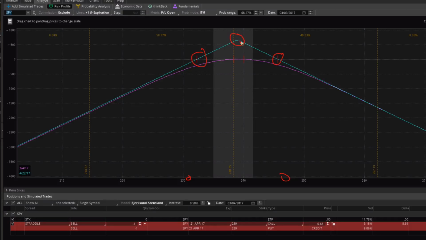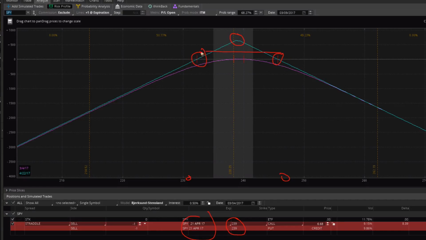Now you'll find, generally speaking, when selling options, that you make the most money when a stock hits the strike of your sold option at expiration. So this blue line is the expiration date, which is April 21st. If SPY were right at 239 on April 21st, I'd make my max profit. But you see, it can move quite a distance out.